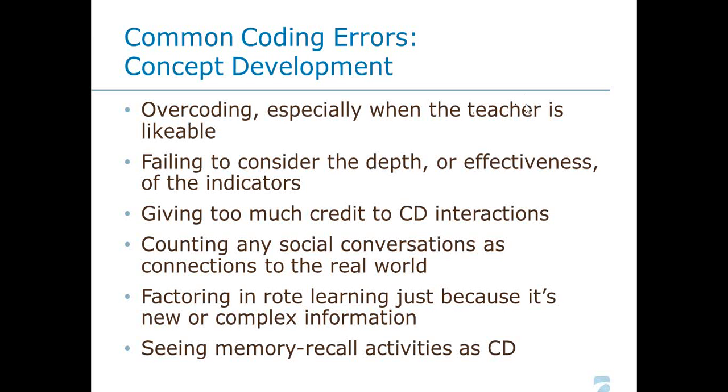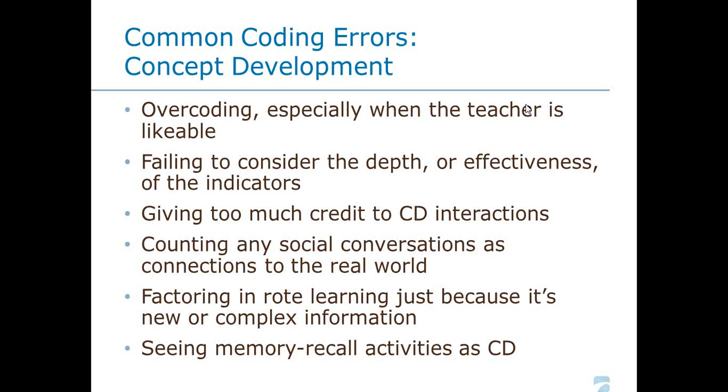So some things to think about in terms of overscoring are remembering that some analysis and reasoning questions do not automatically put the dimension in the high range. Even frequent analysis and reasoning questions are not enough to warrant a high range score if you're not seeing the other indicators frequently. We always have to think about depth here because in concept development we are pushing that higher order thinking.